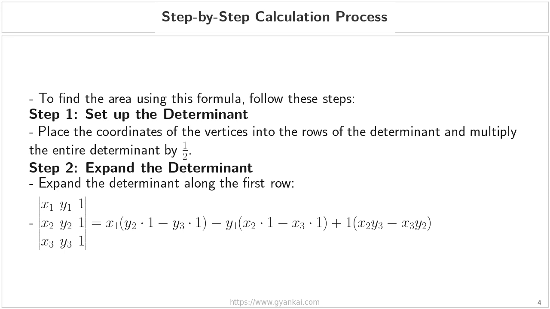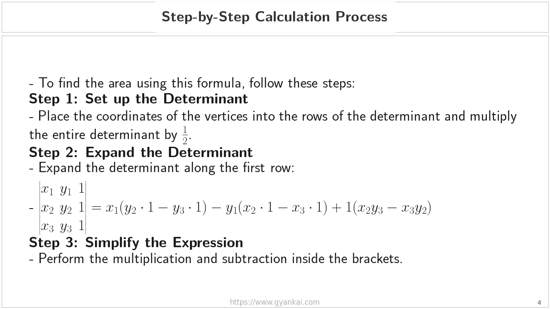Specifically, it looks like x1 times the quantity y2 times 1 minus y3 times 1, minus y1 times the quantity x2 times 1 minus x3 times 1, plus 1 times the quantity x2 times y3 minus x3 times y2.